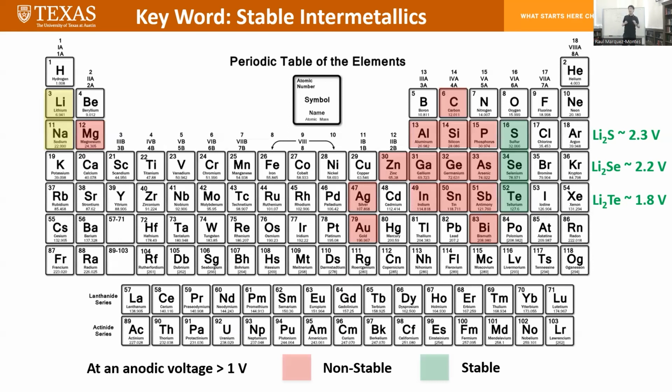In your battery, on the anode side, you're never going to reach such high voltage. That gives us some confidence to see if we can use those materials as a kind of substrate to promote metal wetting. So that's basically one of the principles we use for the following design of our materials.